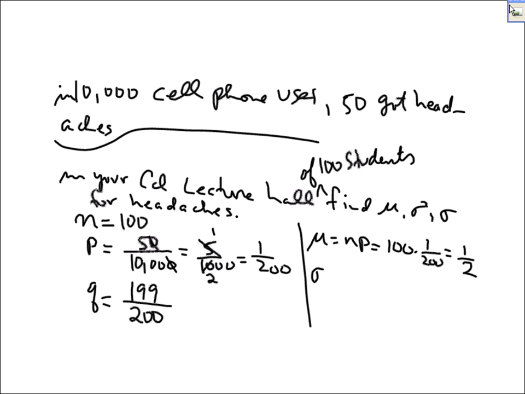Now, sigma squared is NPQ. Well, we've already done NP, and Q is 199 over 200. So it's 199 out of 400. That's the variance. The standard deviation is the square root of 199 over 400.